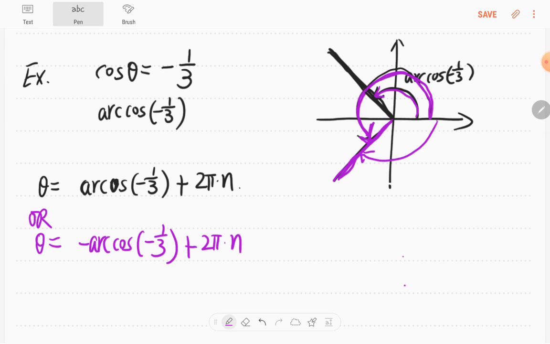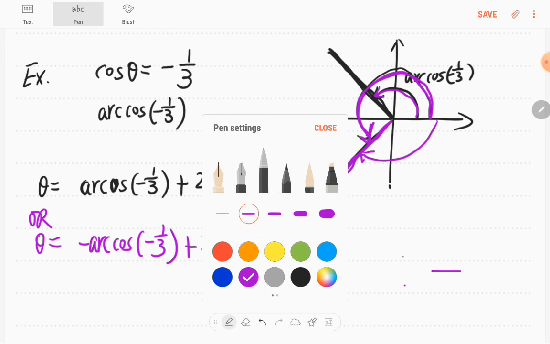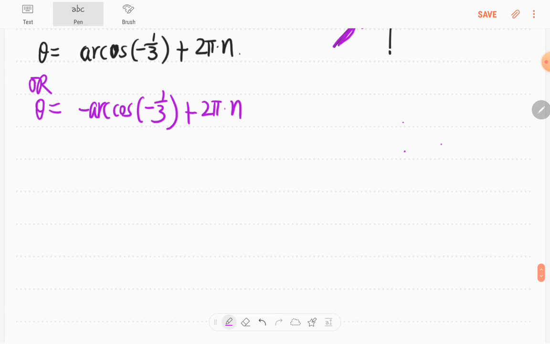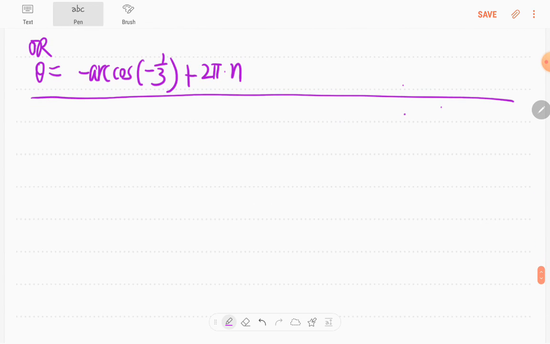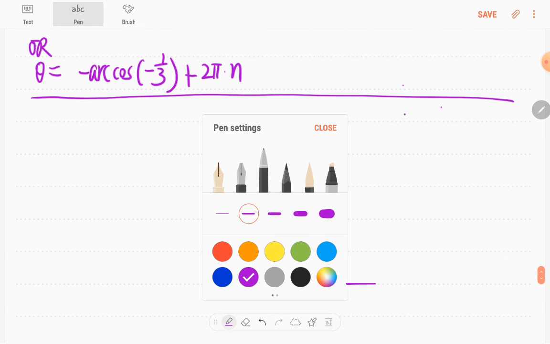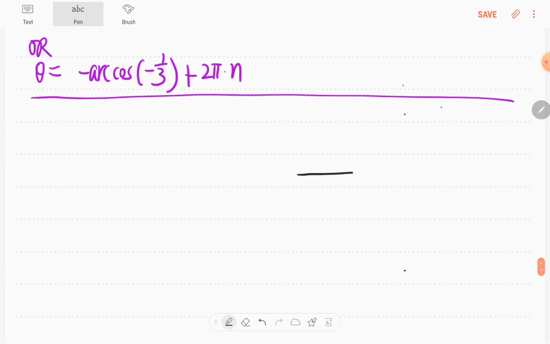If you like, let's use another way. We can have different cases, still looking at the second one more clearly. You have this one and this one, the coterminal angle.